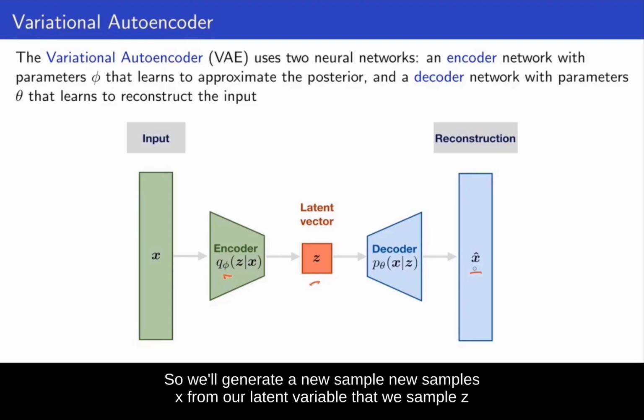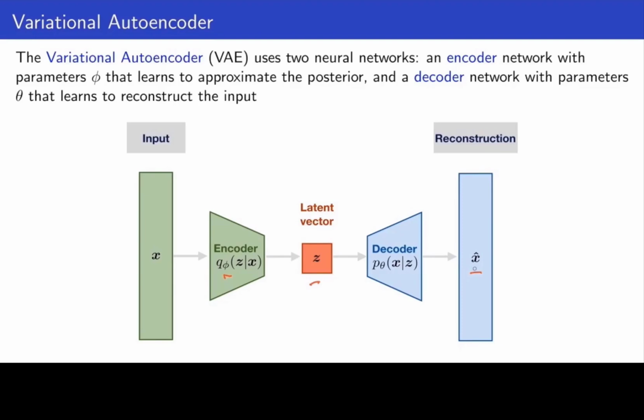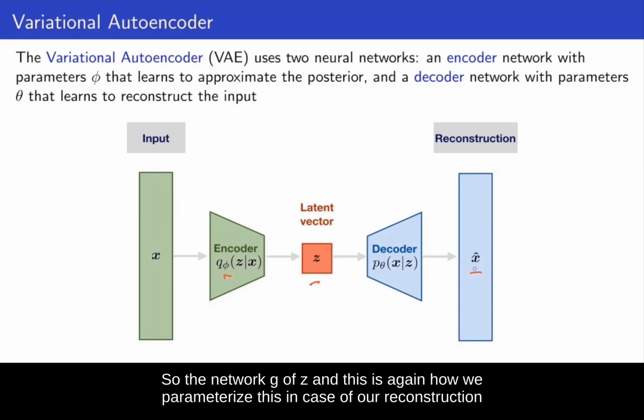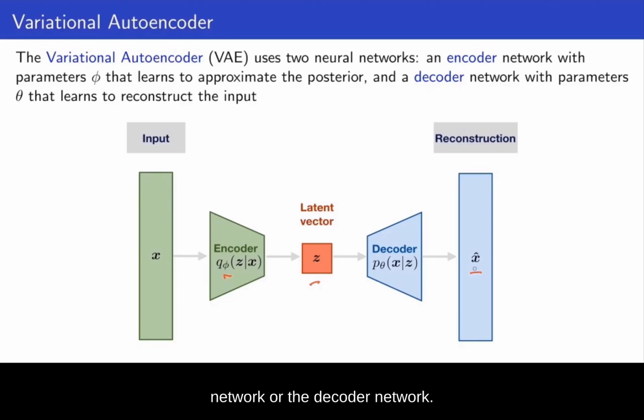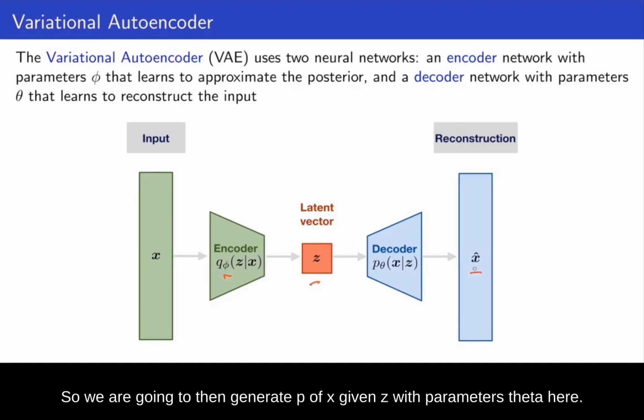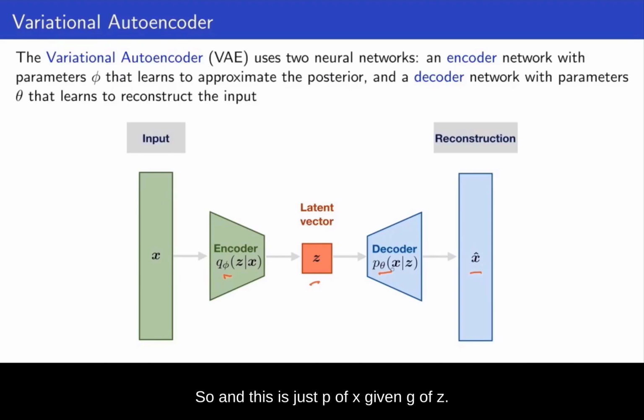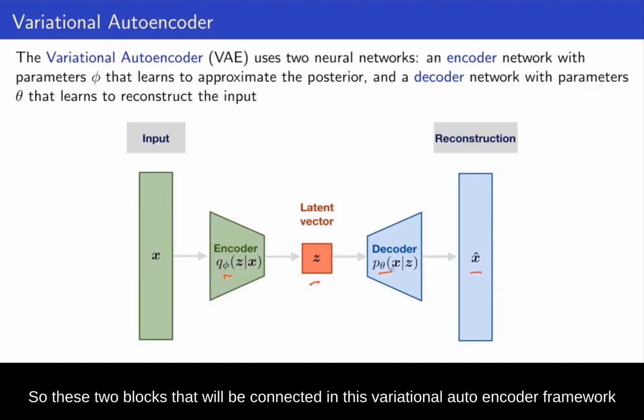So we generate new samples x from our latent variable z, and we have a neural network in the middle, the network g of z, and this is how we parameterize our reconstruction network, or the decoder network. So we are going to generate p of x given z with parameters theta here, and this is just p of x given g of z. These two blocks are connected in this variational autoencoder framework.